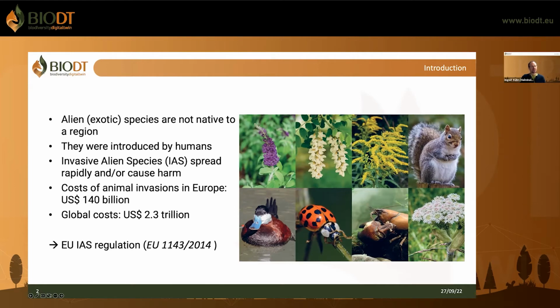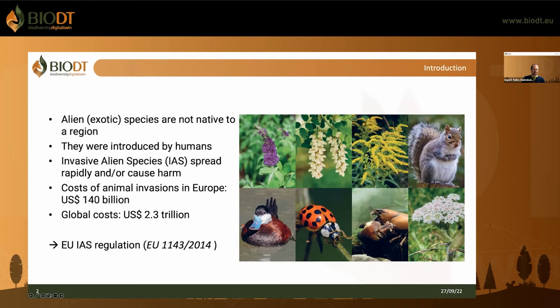The cost of animal invasions alone in Europe was estimated to be more than $150 billion US, just from animals, as was the focus of a recent special issue in these 2 journals, NeoBiota and Biological Invasions.